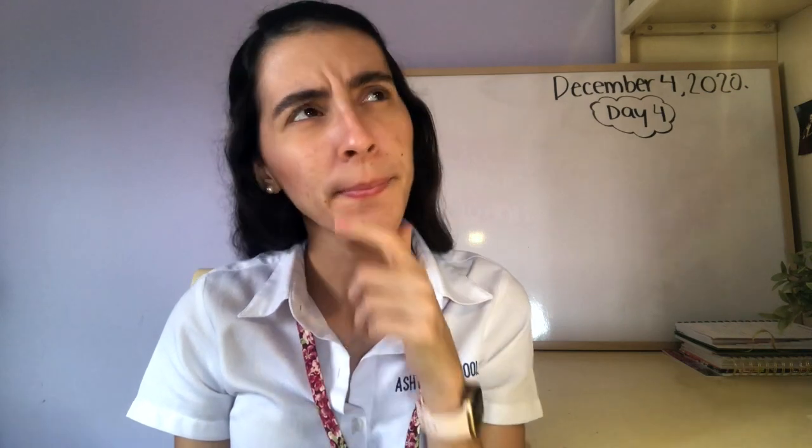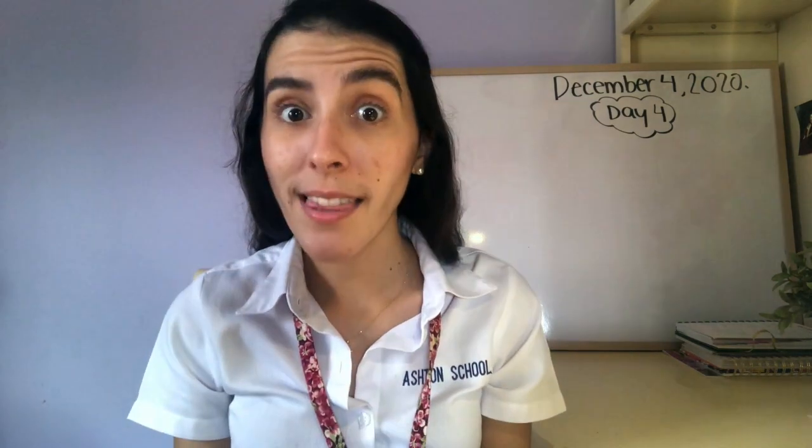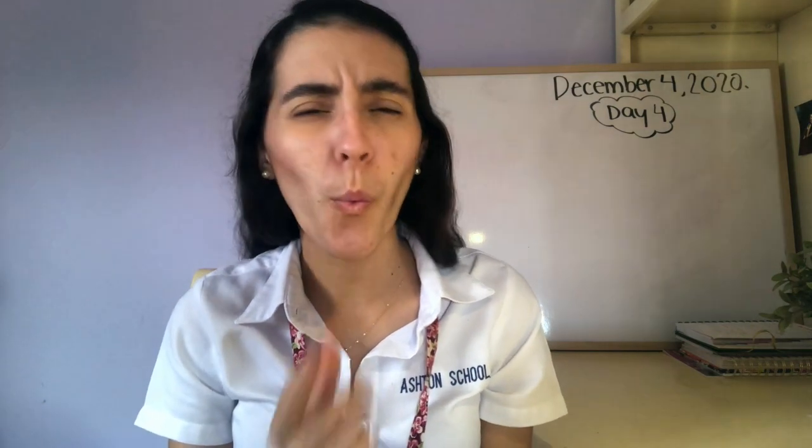Okay, what were some strategies that we used last time to help us tackle those troublemaker words? Well, I know that when I find a tricky word, I like to study the word first. So I see if I can read the word part by part, syllable by syllable. Then I also like to figure out what part of the word is tricky and what is making it so tricky.